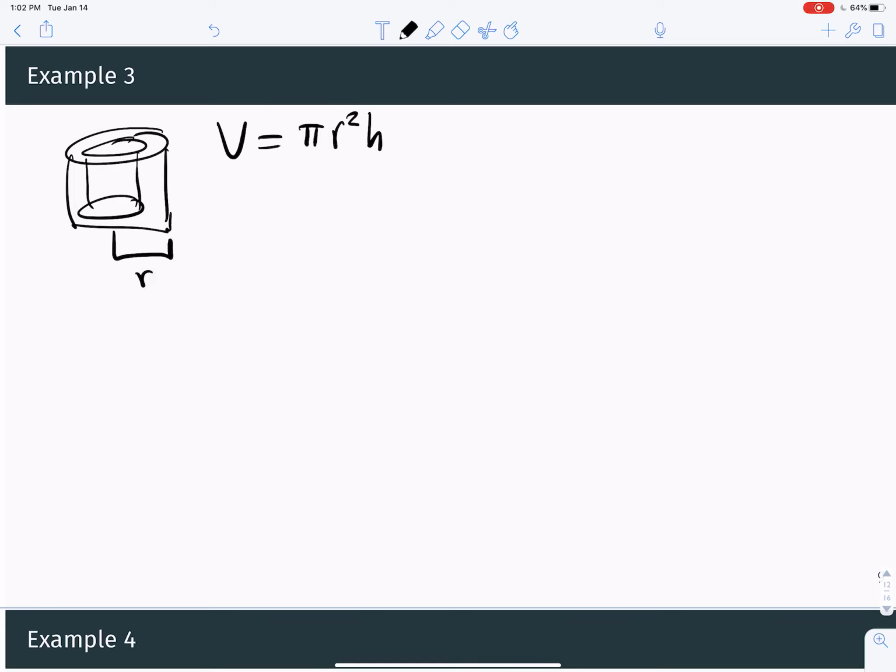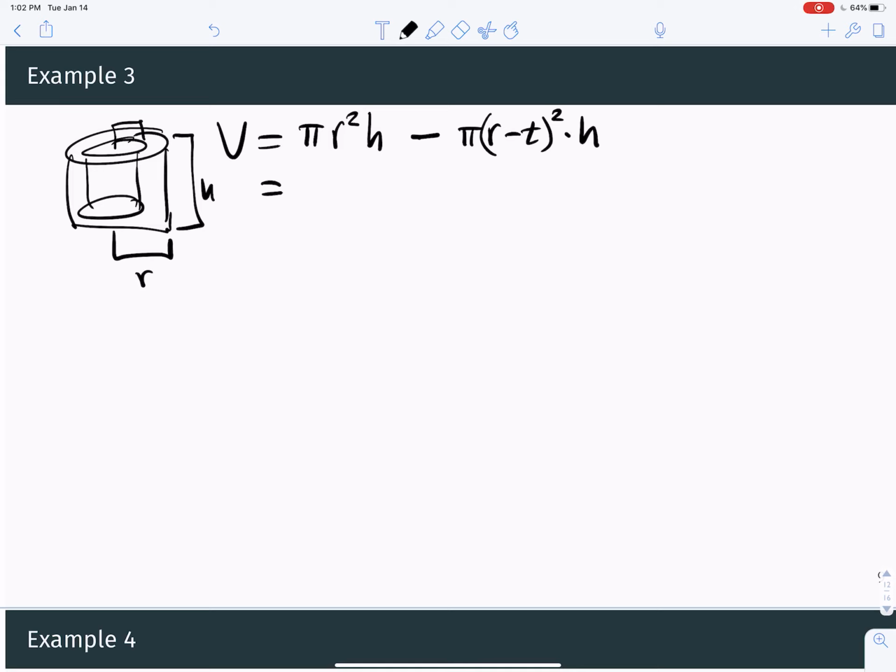That's the big cylinder. But then we have to subtract off the little cylinder from the inside. Well, that's also pi r squared h, but the r in this case is r minus t, because you've lost a little bit of thickness from your outer radius. So that's the volume formula.